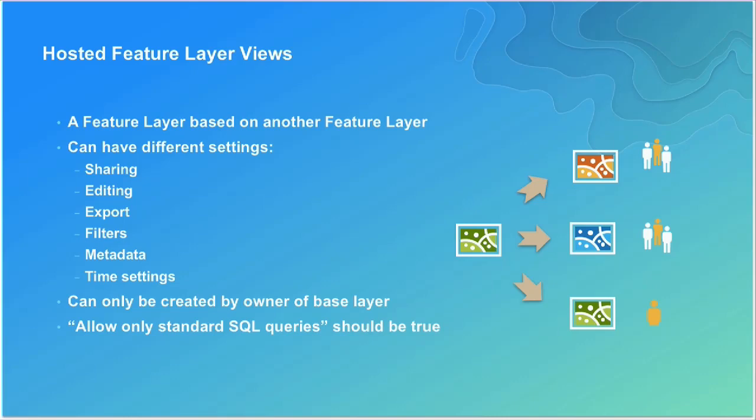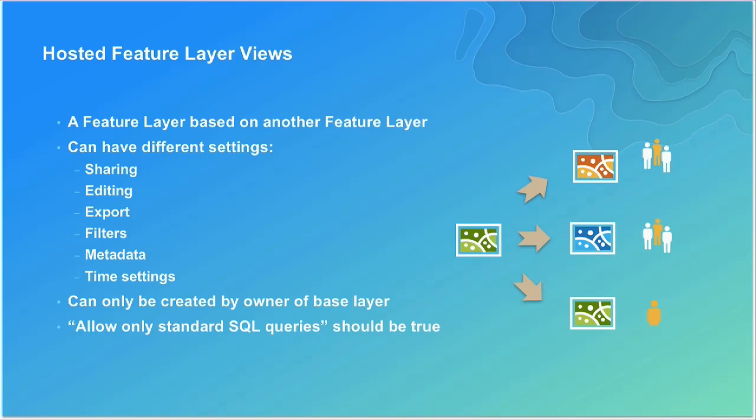All based on one particular feature layer and basically one data set without you having to do any sort of manipulation of multiple services and layers. So that's a very powerful feature. Right now you can only create a feature layer view on top of layers that you own.